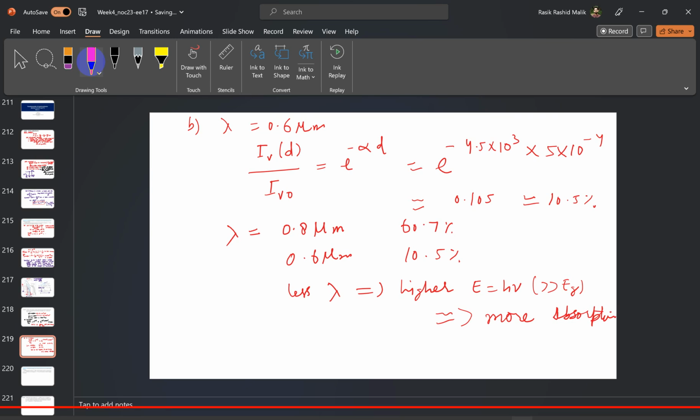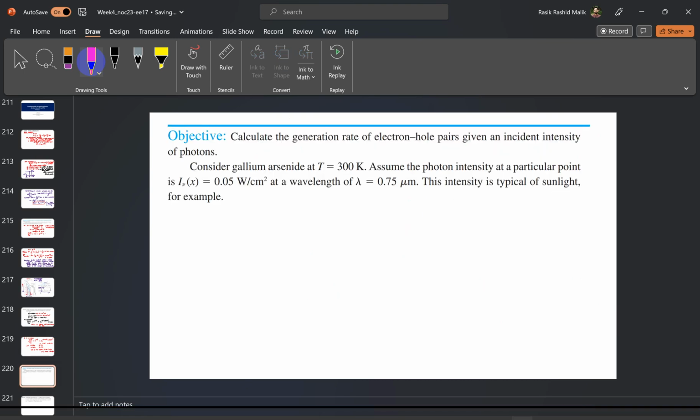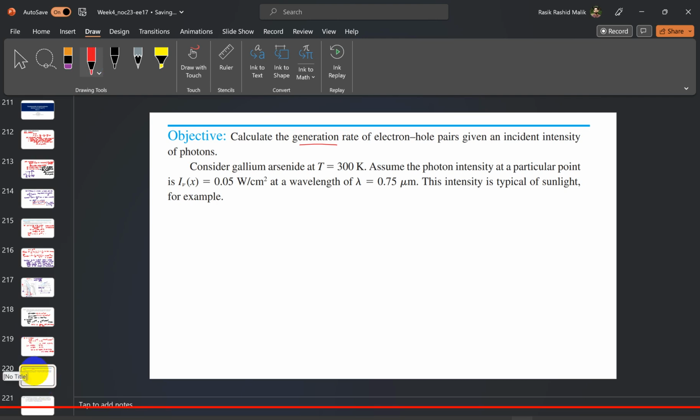We will be talking about the next topic, the generation of electron hole pairs. So before solving this question, let me again give a brief introduction about the electron hole pair generation.